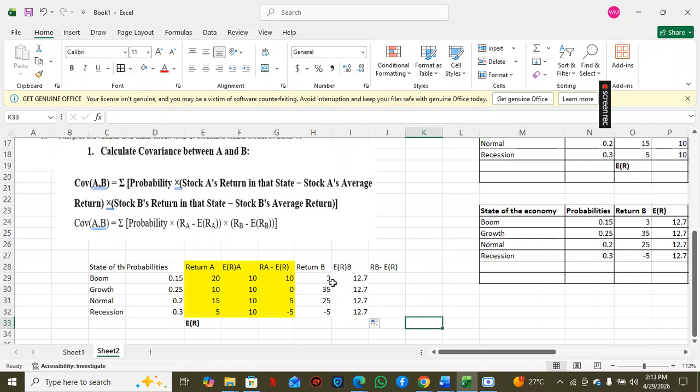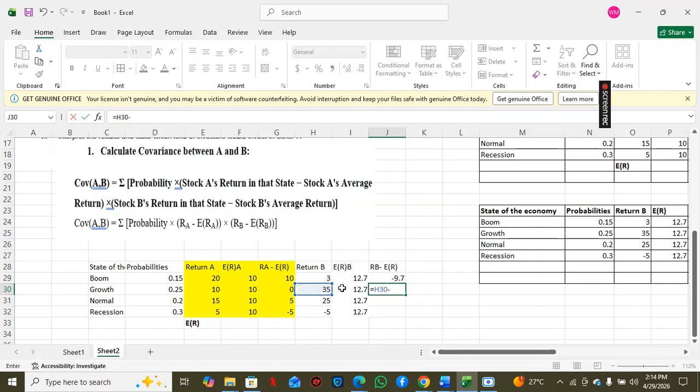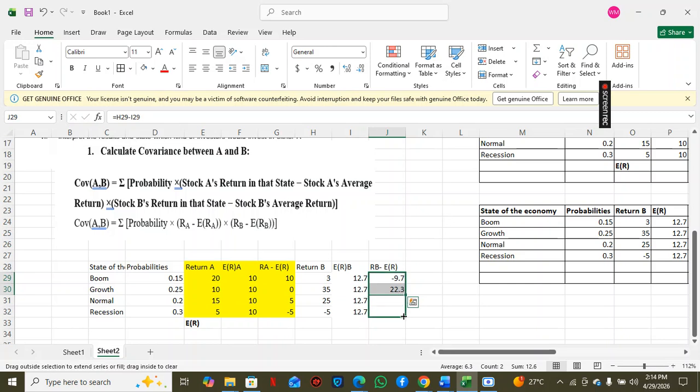So I'm going to say 3 minus 12.7, 35 minus 12.7, 25 minus 12.7, and negative 5 minus 12.7.